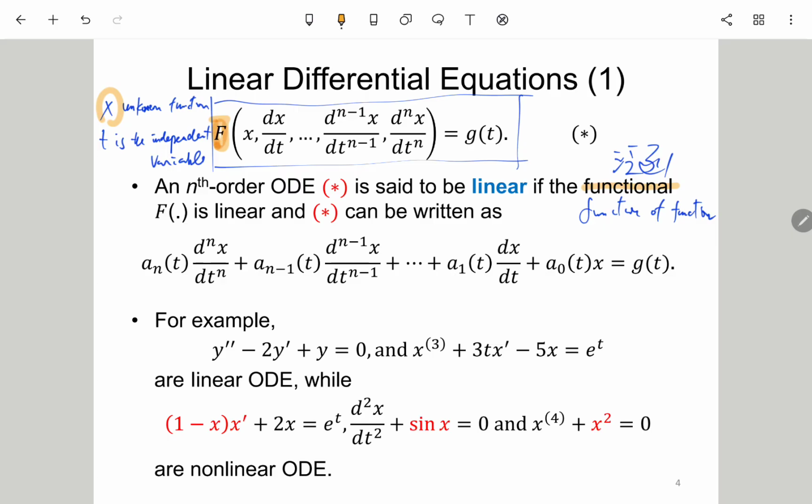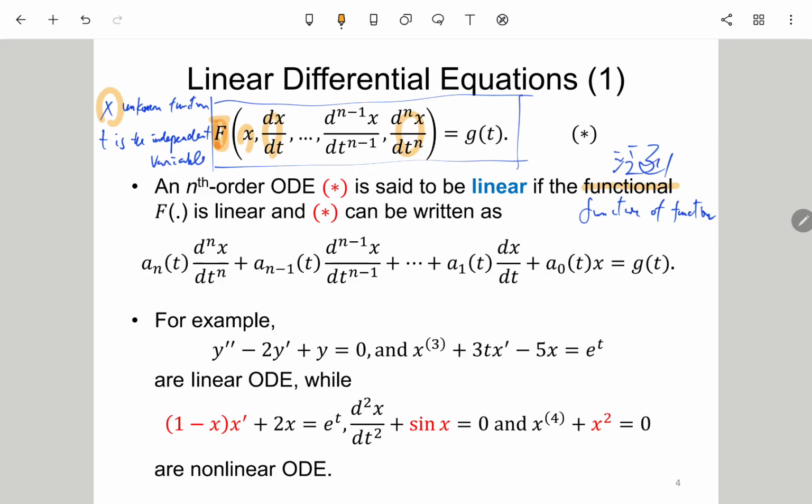Inside it, all the inputs are different functions. So x is a function, dx/dt is another function, up to d^n x/dt^n, which is also a function. Inside this functional we have quite a lot of functions as the input.